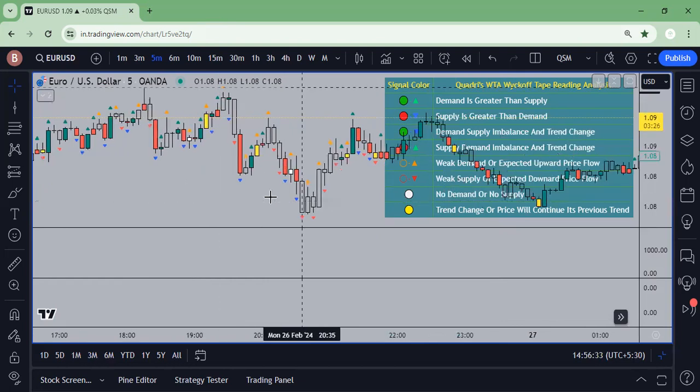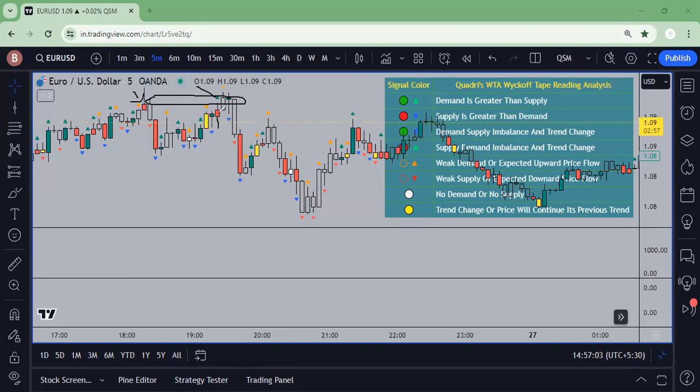See, this is the area which had selling initiation, and as we are approaching this particular area, we are seeing this formation, a red candle with green triangle. This means there is an imbalance between supply and demand, and in the same case as a green candle with blue triangle, there would be a trend change.